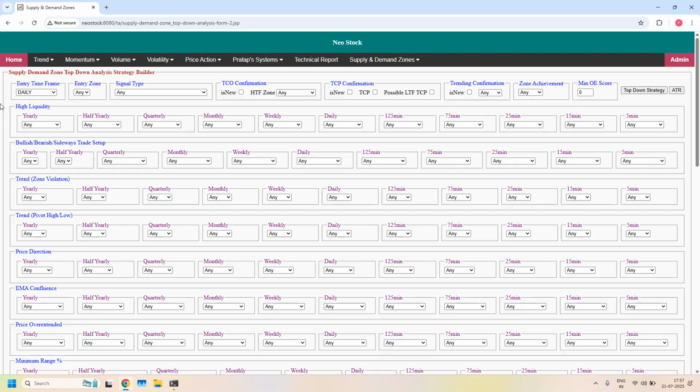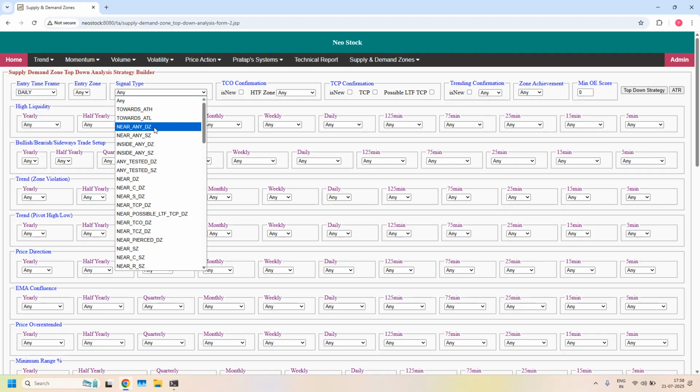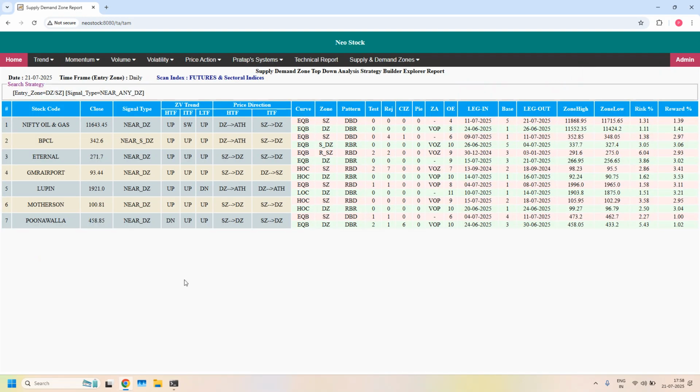Okay, starting with the daily time frame, stocks near the daily demand zone, we got 7 stocks. Those who don't understand the structure of this report, I request you complete the training lesson 21.1 video. In that video, I have explained each and every column, their values, and abbreviations in detail.